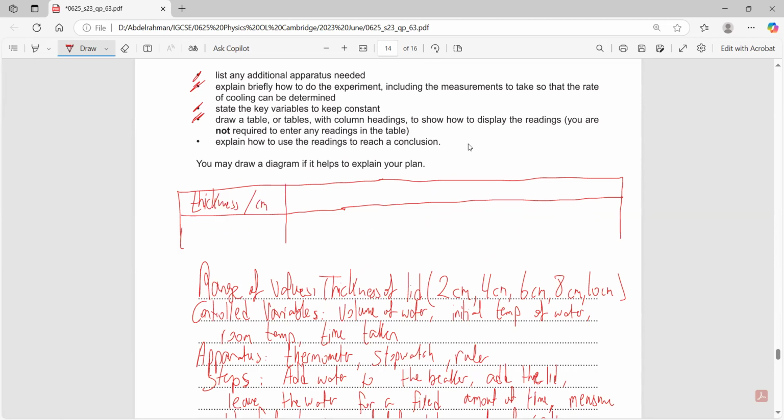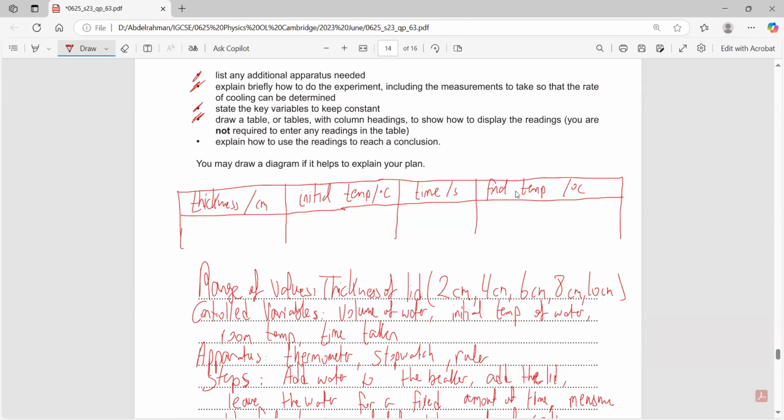To find the rate of cooling, you need three things: the initial temperature, the final temperature, and the time taken. I know that the initial temperature should be constant, but I'll write it down anyway. Initial temperature in degrees Celsius. The time is also constant, but I'll write it down. The final temperature is variable. This is the dependent variable in this question.